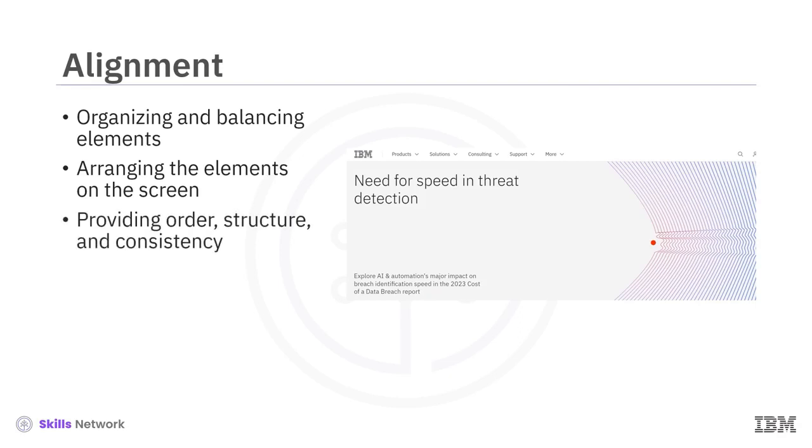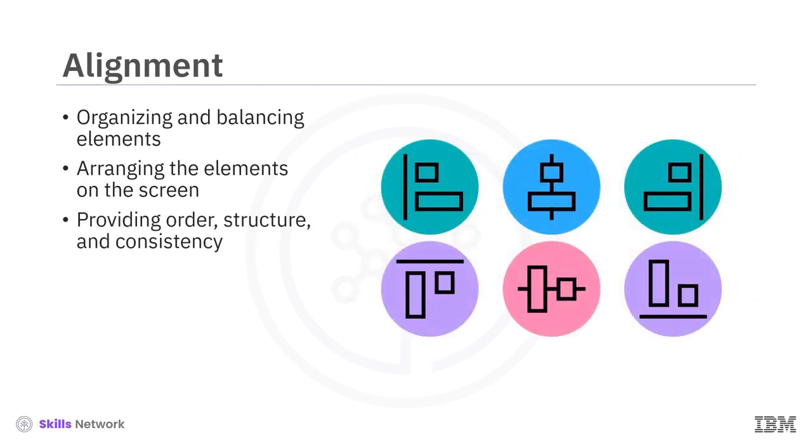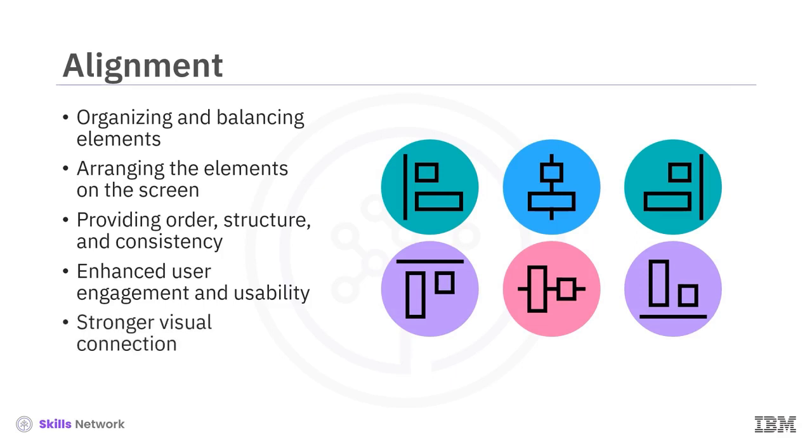Some common types of alignment provide a sense of order, structure, and consistency within a design layout. You can choose left, right, center, justified, vertical, horizontal, or mixed alignment techniques as a visual designer. A well-aligned design offers several advantages, including increased user engagement with the product, enhanced usability, and a stronger visual connection between the elements of the design.